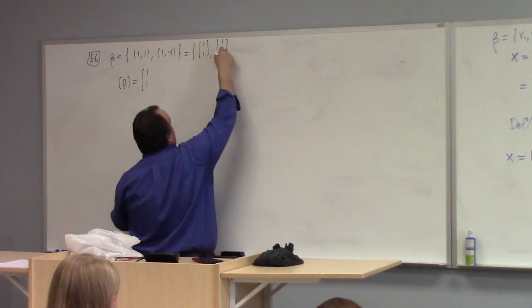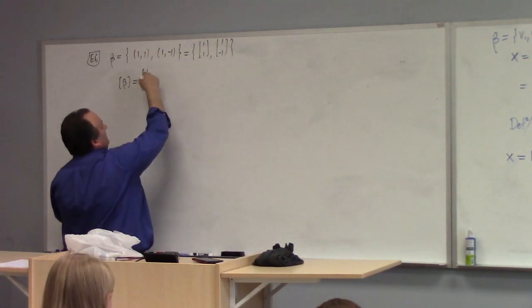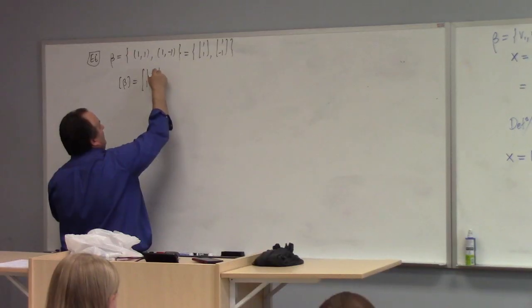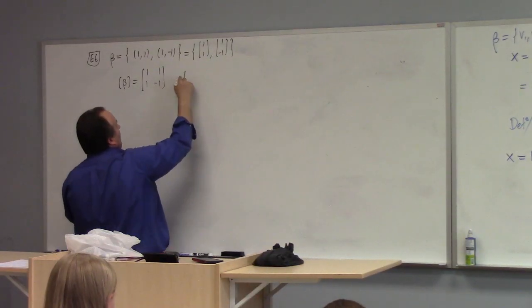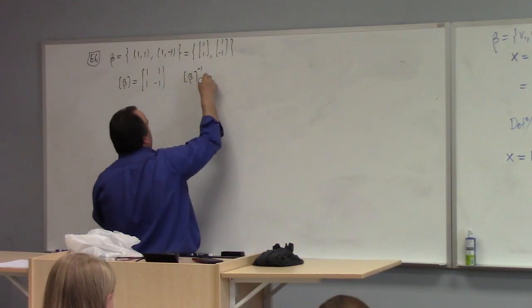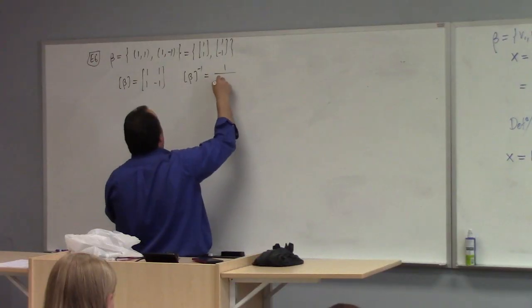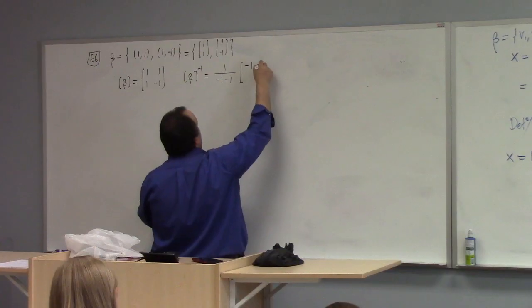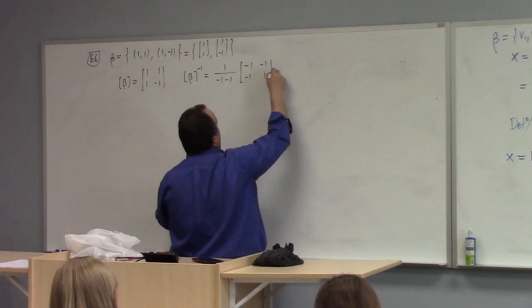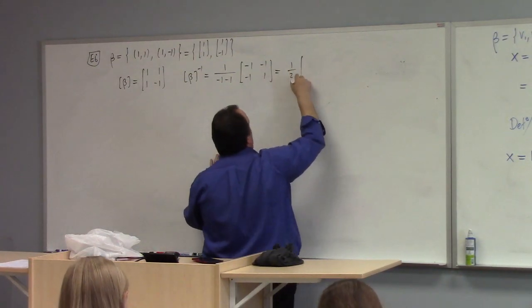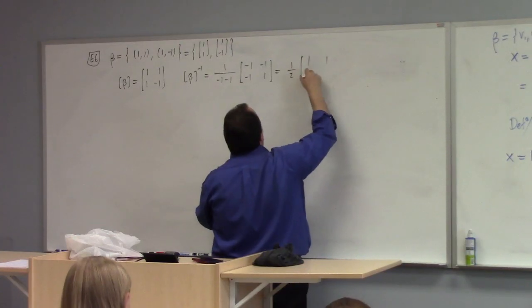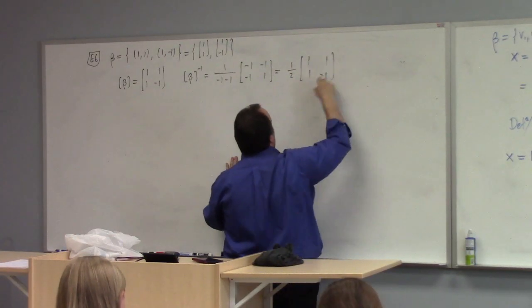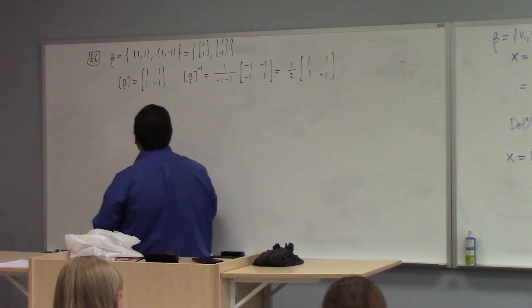1 minus 1. So you literally just strip off, and make it into a 2 by 2 matrix. What's my inverse matrix? Right?